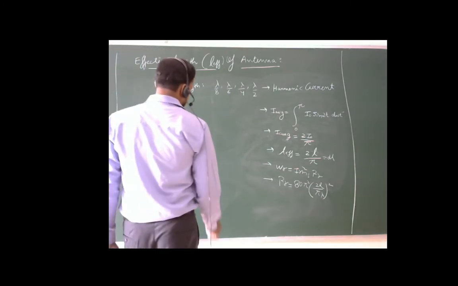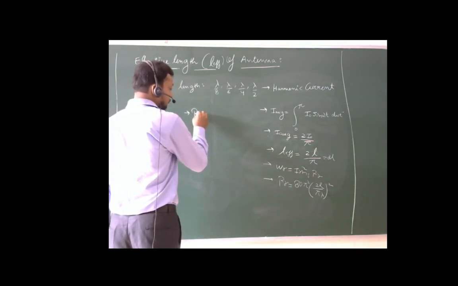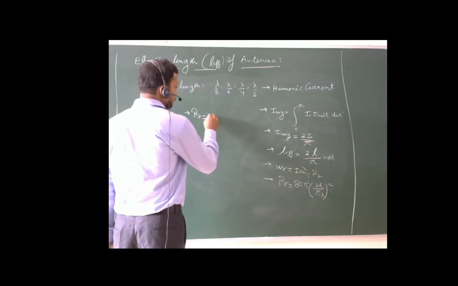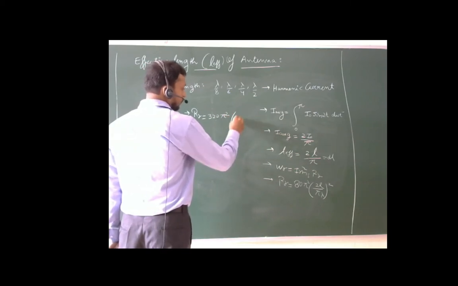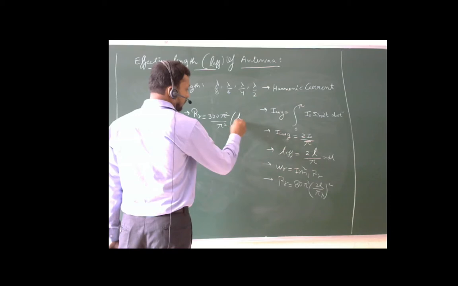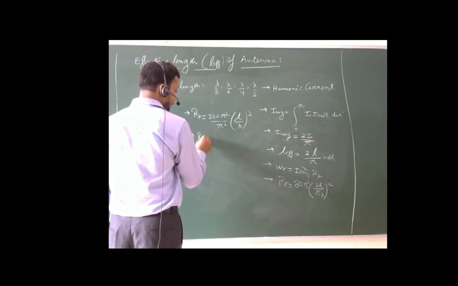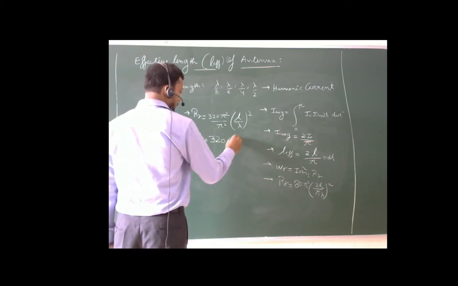Considering this, taking the 2 with the square term outside, this will give you 320 pi square into L, and this pi square also goes outside, by lambda whole square. So in this case, radiation resistance is equal to 320 L by lambda whole square.